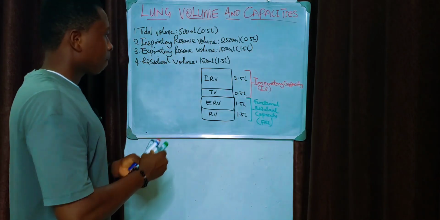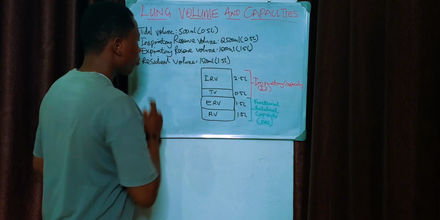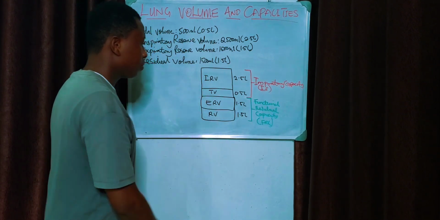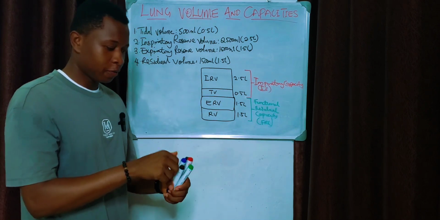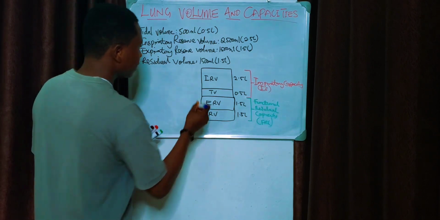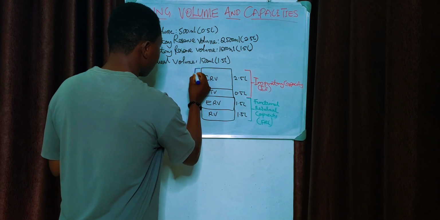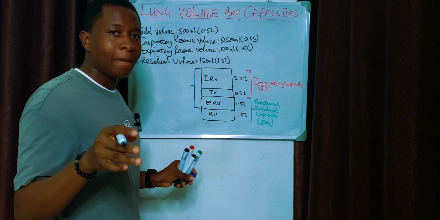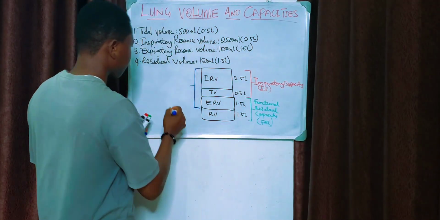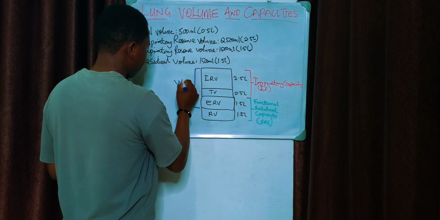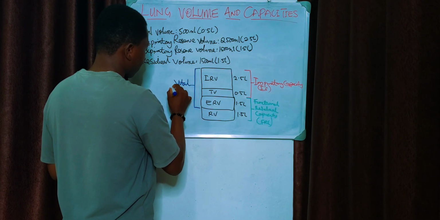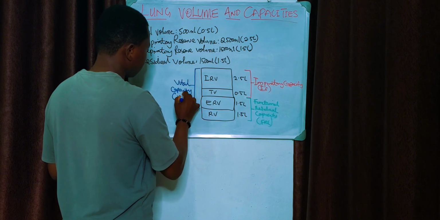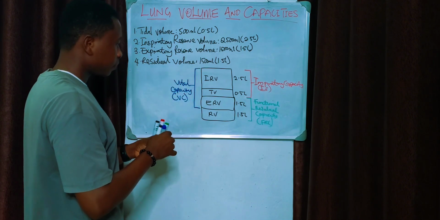Now, when you total the inspiratory reserve volume, the tidal volume, and the expiratory reserve volume, what you get is the vital capacity, VC.